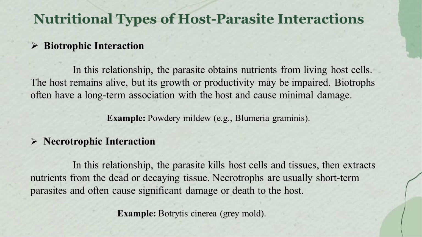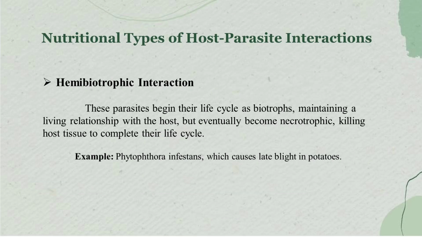For example, Botrytis cinerea, grey mold. Hemibiotrophic interaction. This parasite starts by living off the host without killing it, like biotrophs, but later switches to killing the host tissue to complete its life cycle, like necrotrophs. For example, Phytophthora infestans, the cause of late blight in potatoes.